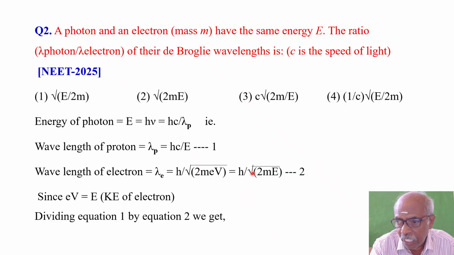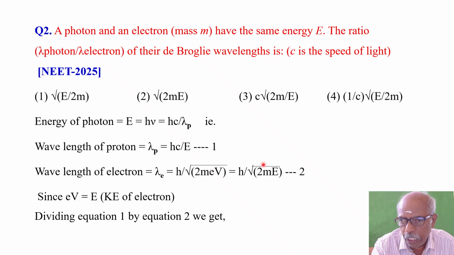So this product eV gives you the kinetic energy of the electron. Since it is the same energy, eV is equal to E, the kinetic energy of the electron. So instead of eV, we can write capital E. So lambda e is equal to h divided by square root of 2mE, equation 2.